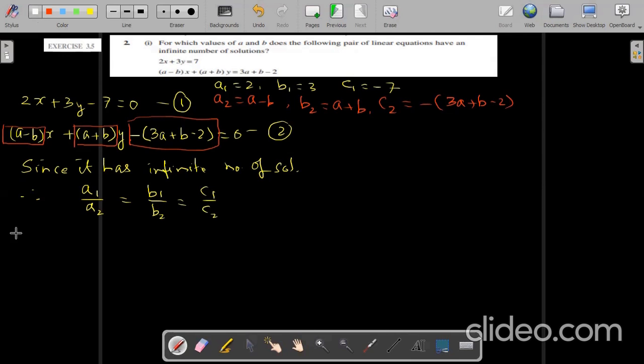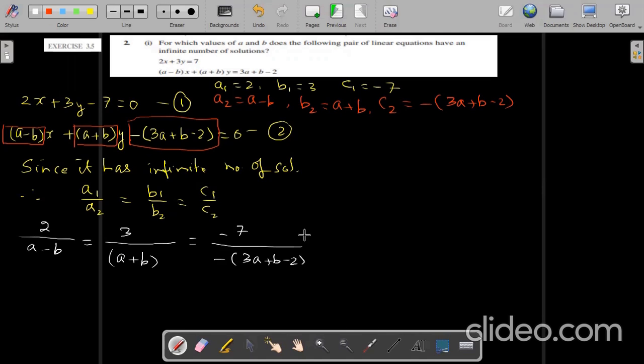So substituting the values, a1 upon a2 is 2 upon a minus b, b1 upon b2 is 3 upon a plus b, and c1 upon c2 is minus 7 upon minus (3a plus b minus 2), and the minus and minus will cancel.